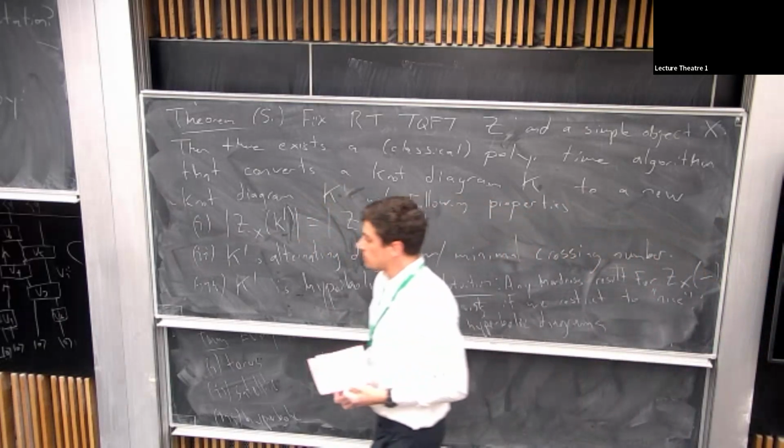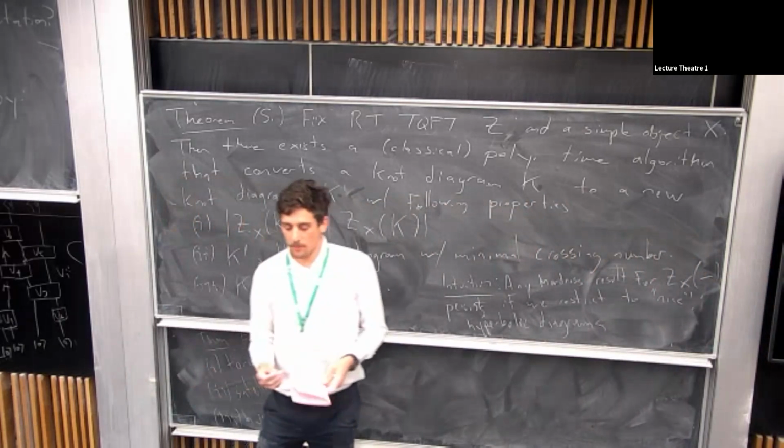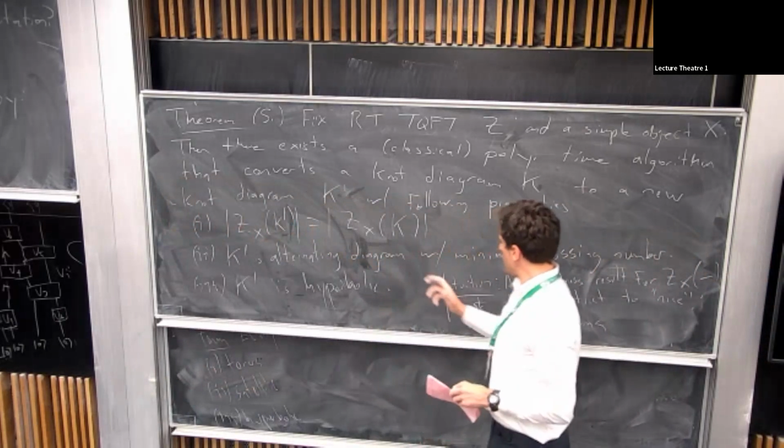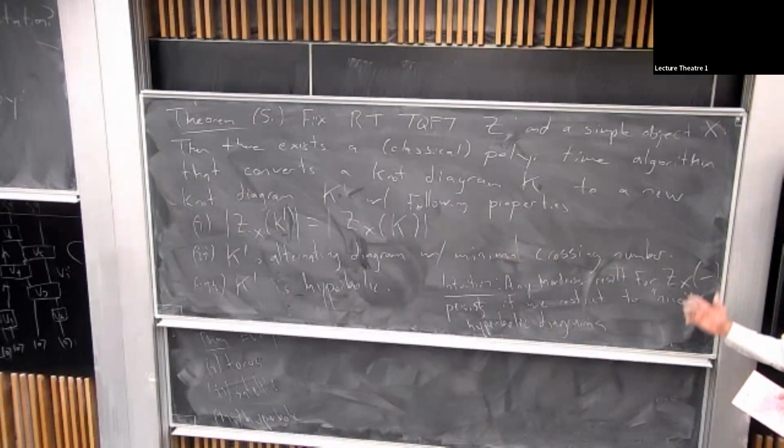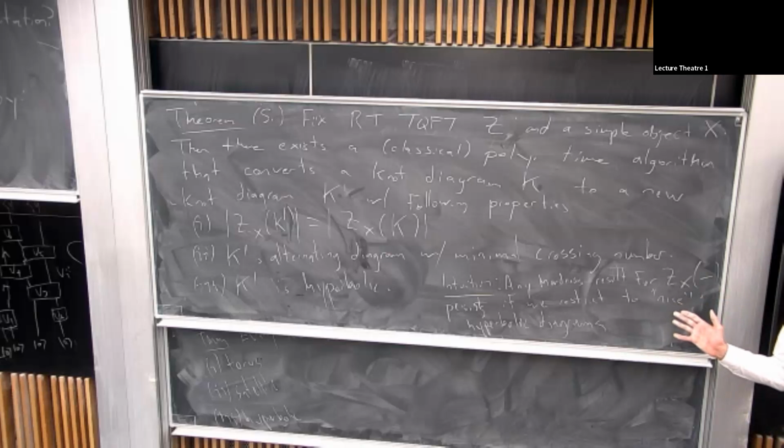No. So here's what I have in mind. Let's look at this invariant, but only look at knots that are promised to be torus knots or satellite knots. If we only restrict to torus knots, and we know it's a torus knot, then there's only so much to determine.